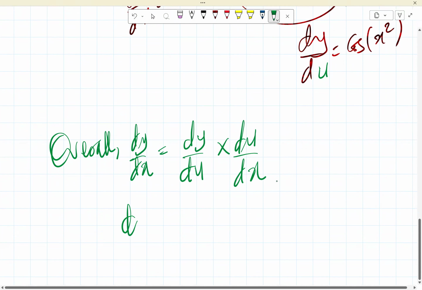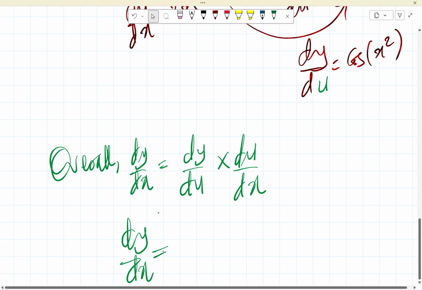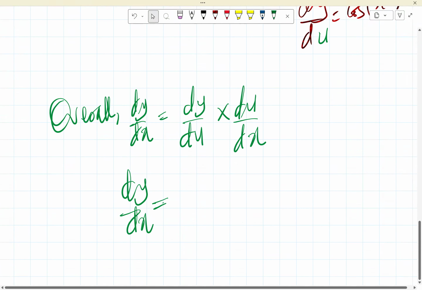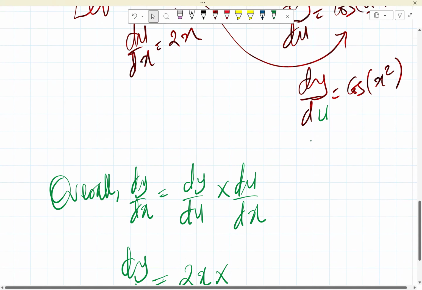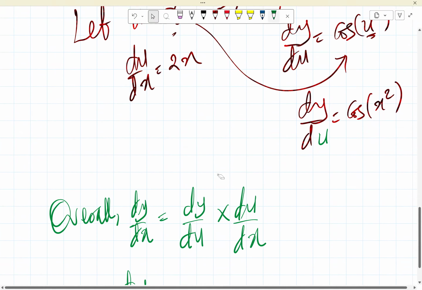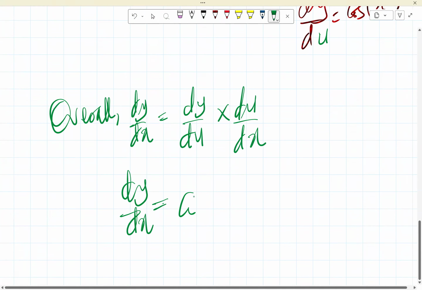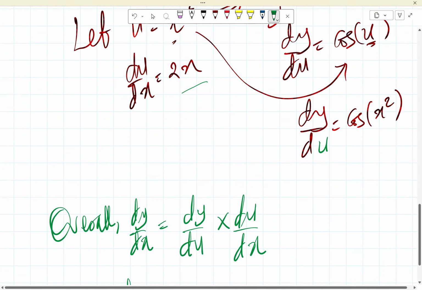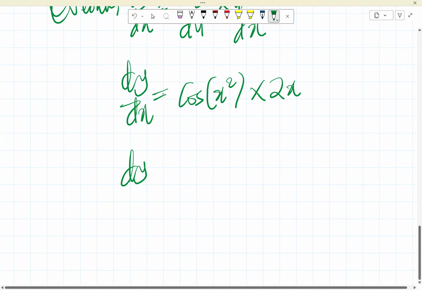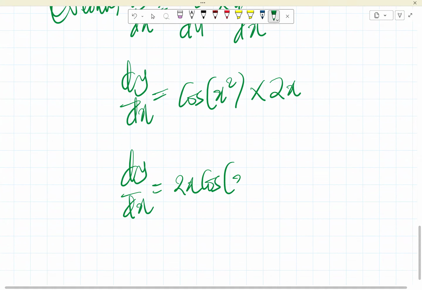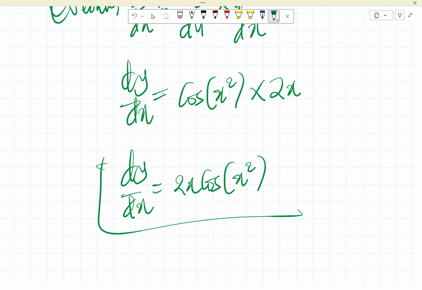So dy du is cos x squared, and du dx is 2x. So that dy dx is equal to 2x cos x squared, and that is what you get.